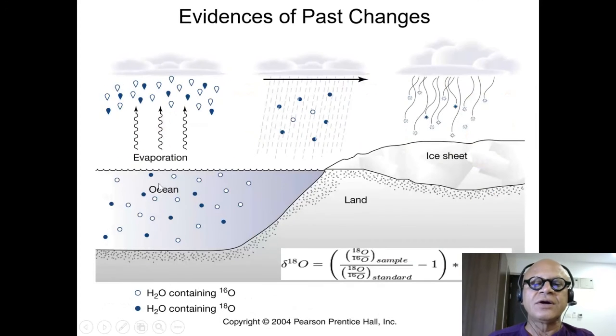In this case, when water evaporates from the ocean, more of the O16, shown with these transparent drops, will be picked up because they are lighter, so energetically it's easier to pick them up by the winds breaking the hydrogen bonds and so on. So fewer of the H2O18 will be picked up, which means more of the H2O18 will be left in the water than O16.